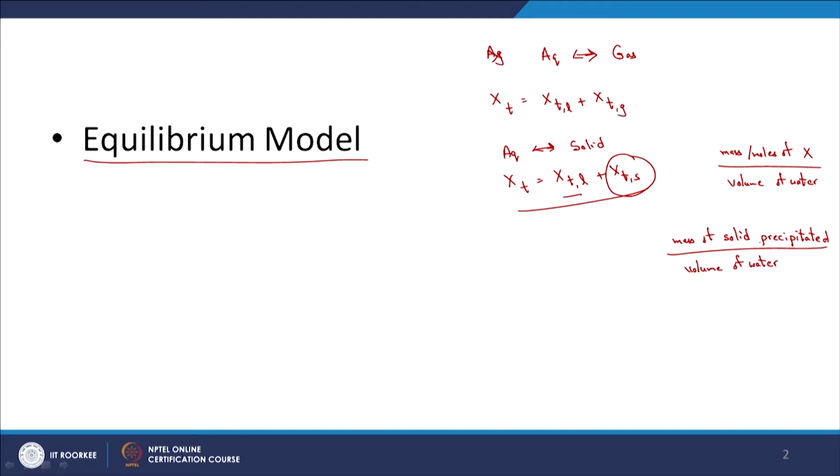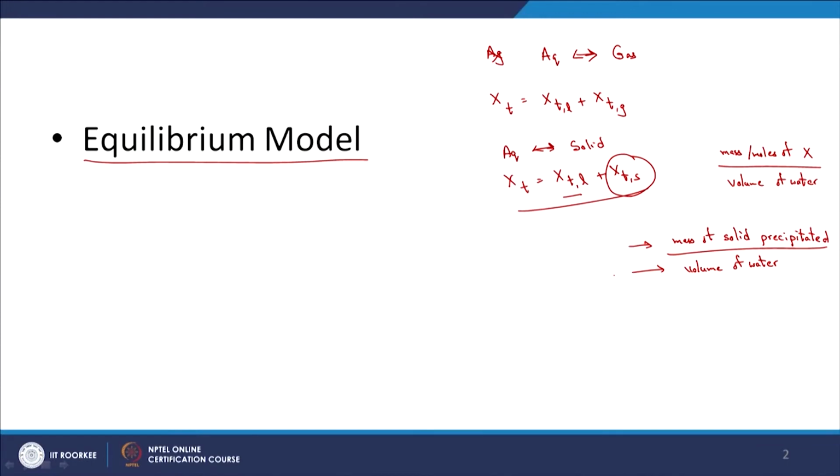Again, this is not activity or such, we are just trying to understand. Let's say I have 1 liter and 1 gram precipitated out of this 1 liter of water. So these are not strictly concentration terms.